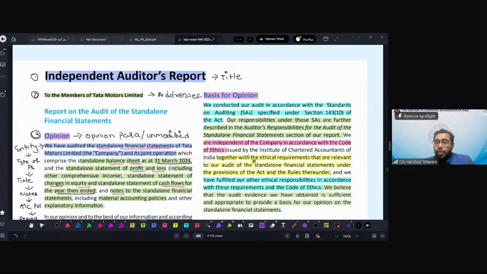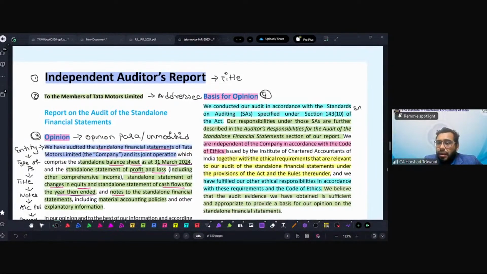So this is how your basis of opinion, the fourth paragraph, is drafted. You specify SA, you specify ethics, code, then sufficient and appropriate audit evidence.